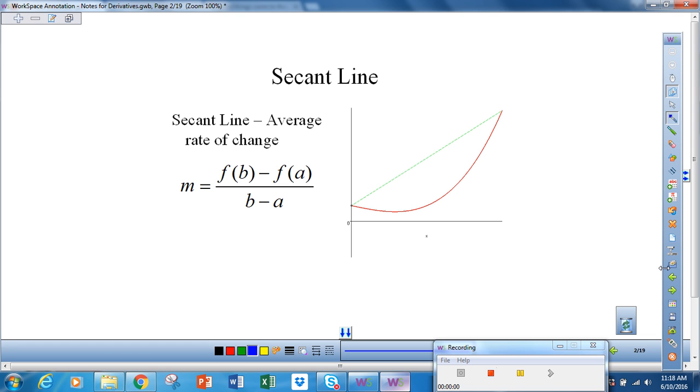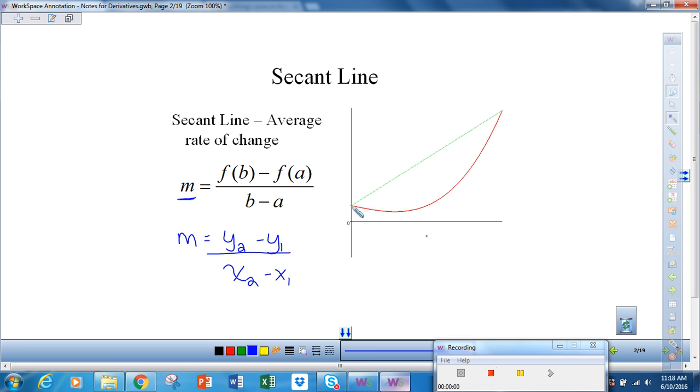Now, if you look at the formula for the average rate of change, f of b minus f of a over b minus a, that should remind you of something. If you recall from Math 1, the average rate of change is simply the slope, and we use the same symbol. The way that you're used to seeing this is simply y2 minus y1 over x2 minus x1.